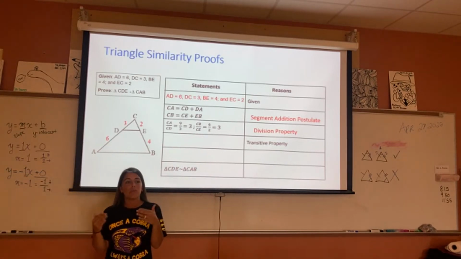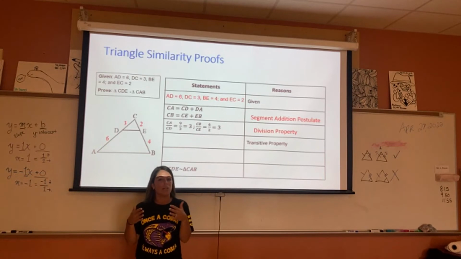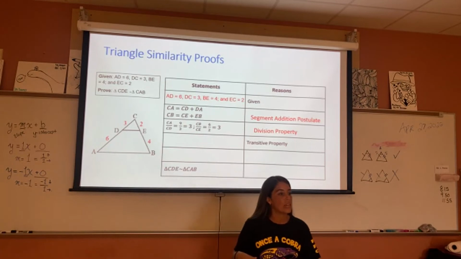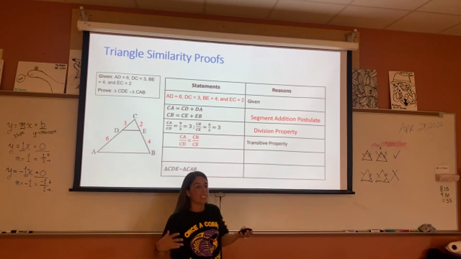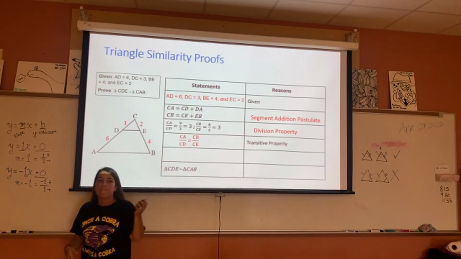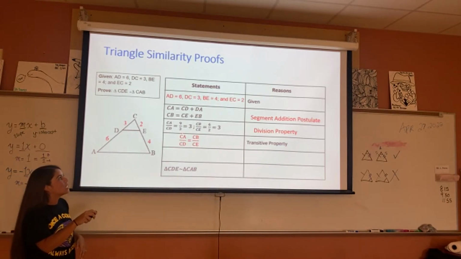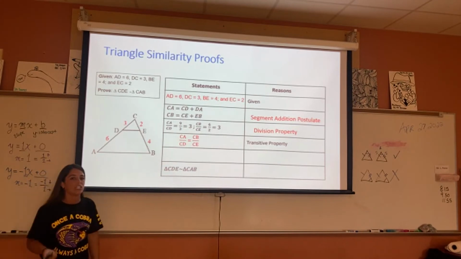If they both equal 3, then they must equal each other. There's just that substitution, that transitive property. We simplified the step above. If in the step above, CA over CD equaled 3 and CB over CE equaled 3, they both equal 3, then they both equal each other.